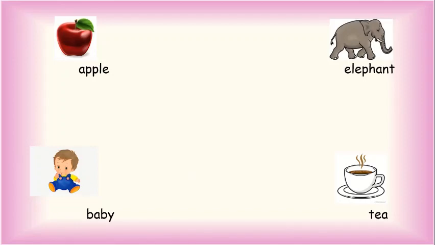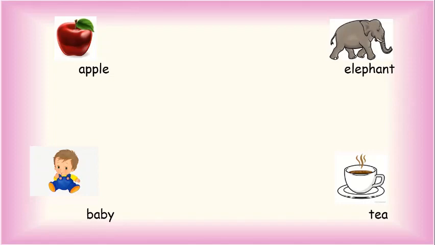Here there are 4 nouns: apple, elephant, baby, and tea. Now children, can you tell me something more about each of these nouns? Can we explain or describe these nouns? Let's try. The first one is apple.